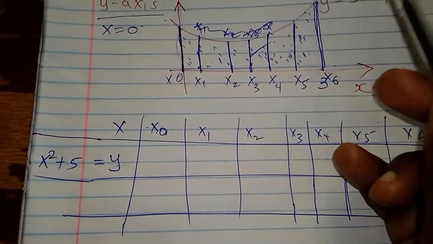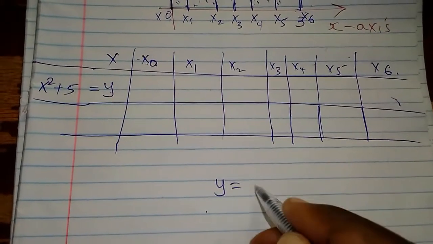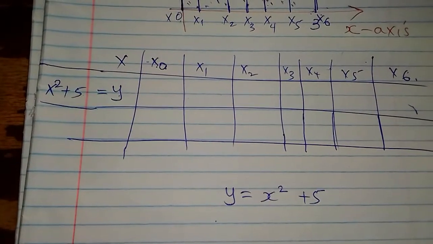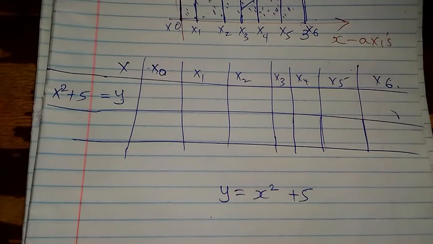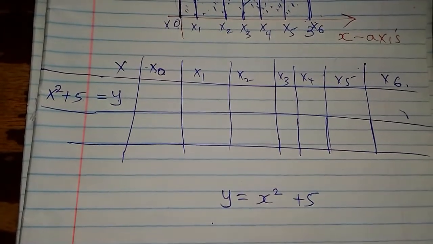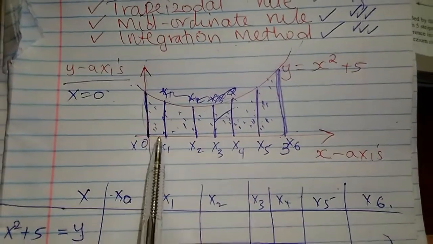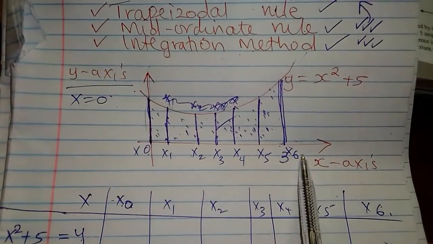If I come back here, the curve reads y is equal to x squared plus 5. Now ask yourself, the area under the curve has to be obtained in the range of values of x that are supposed to be given. Now in this case, the values of x range from x0 to x6.